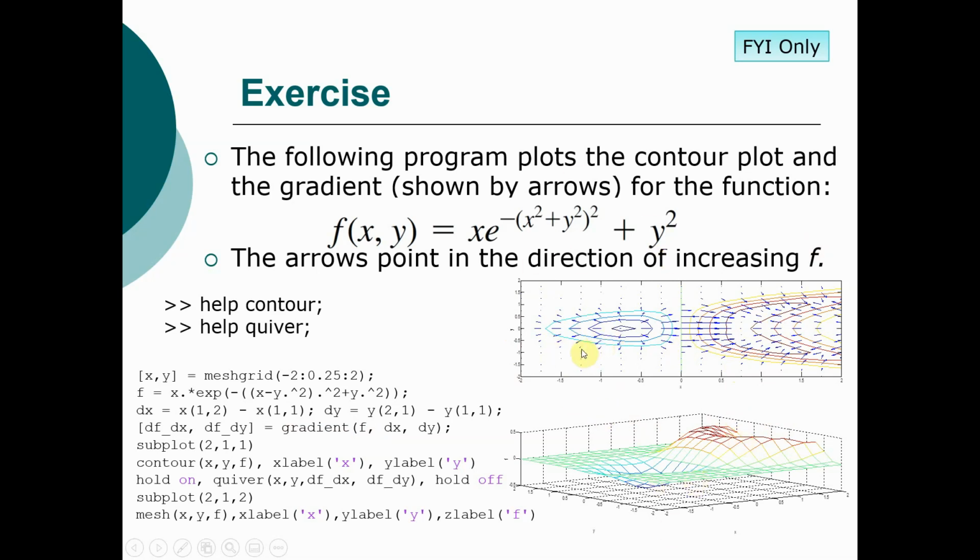The direction of the arrows shows the direction of the changes of the function. Also the length of them shows the value of the changes, right? The plotting is done using the quiver function and the mesh function, and the derivative is found using the gradient function.